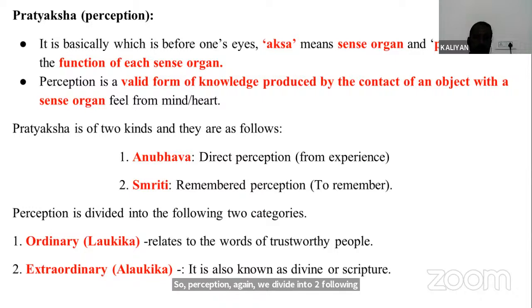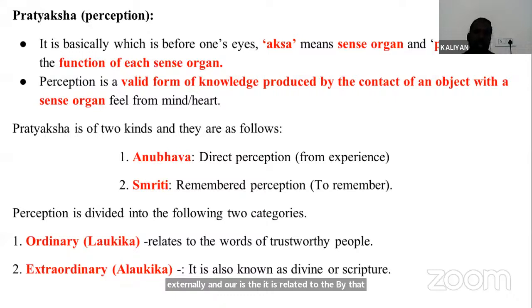Ordinary is laukika. It is related to the words of trustworthy people, and we acquire some knowledge from them. The extraordinary is also known as divine or scriptural. Basically, the Vedas were created by God, therefore they are perfectly valid.